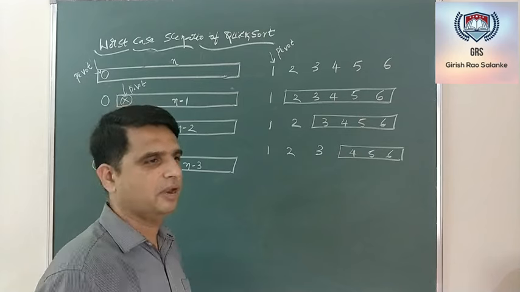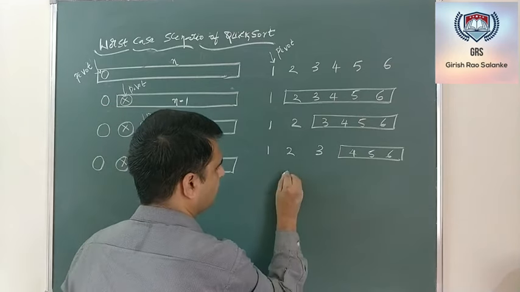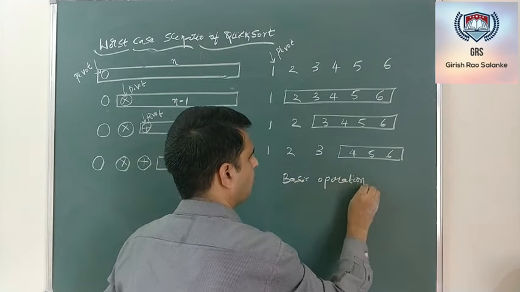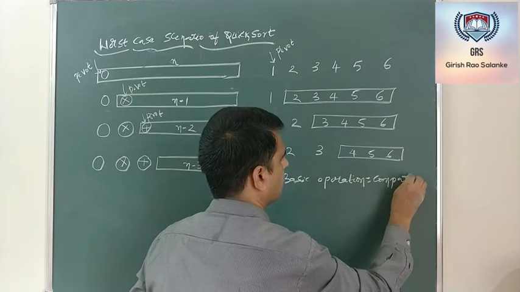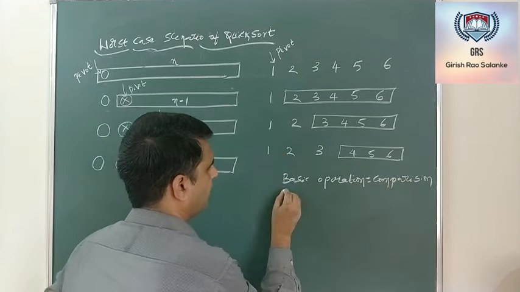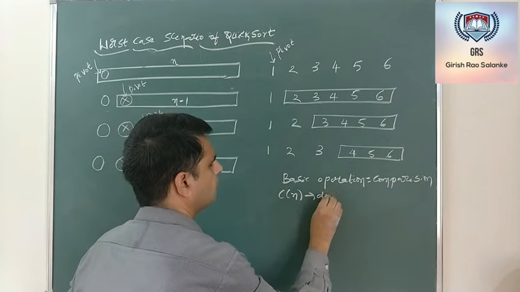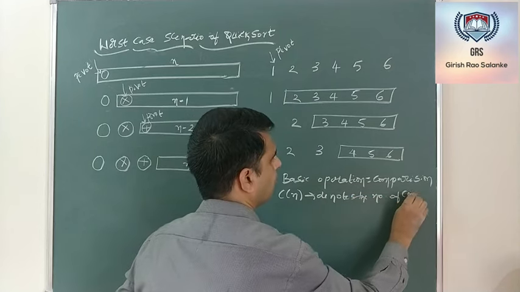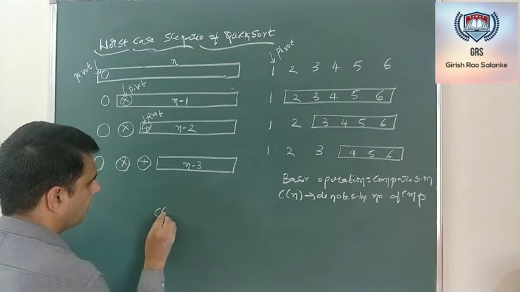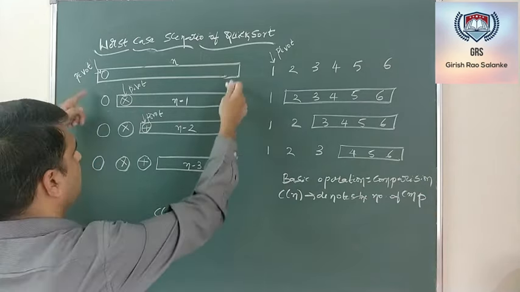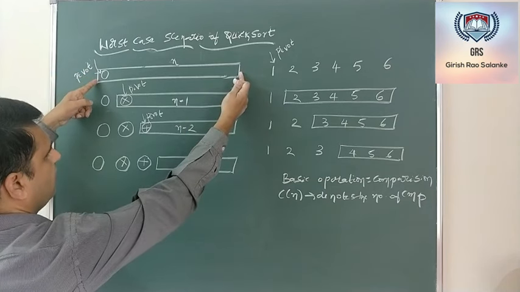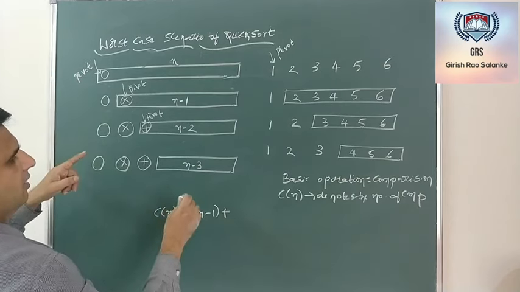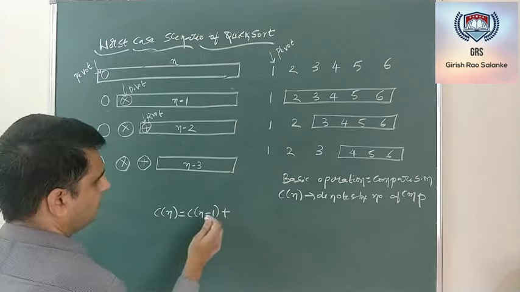Now, how to find the time complexity? The basic operation is comparison, and let C of n denote the number of comparisons. Now, how to express C of n? If you see, C of n is nothing but C of n minus 1 plus the comparisons done.